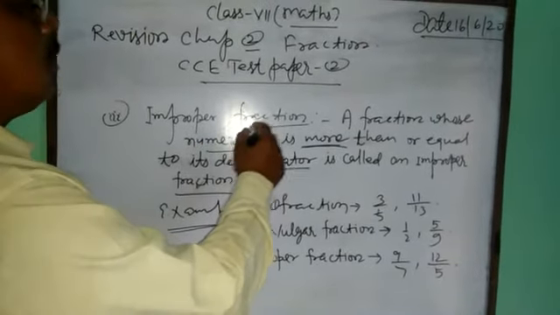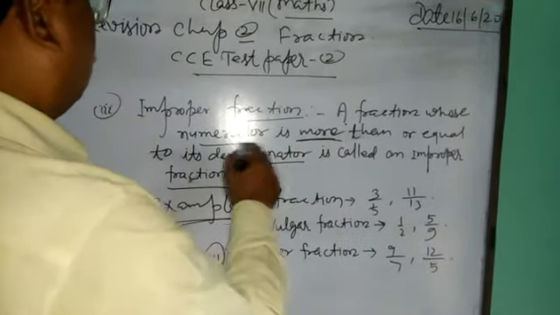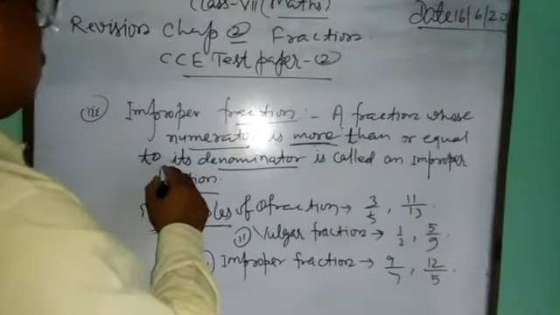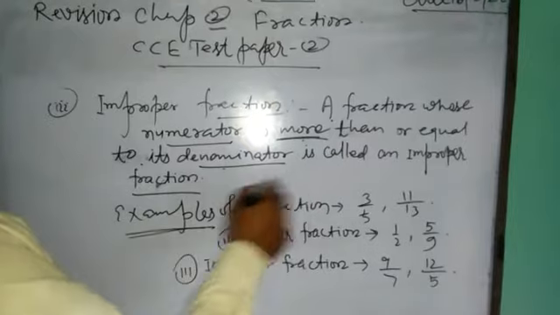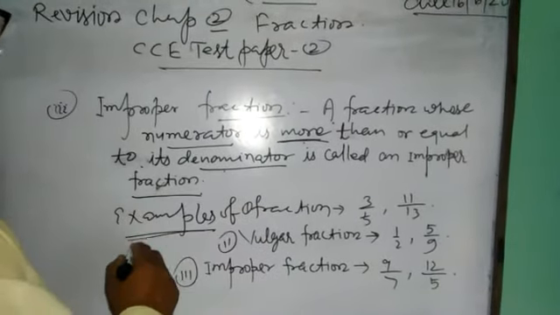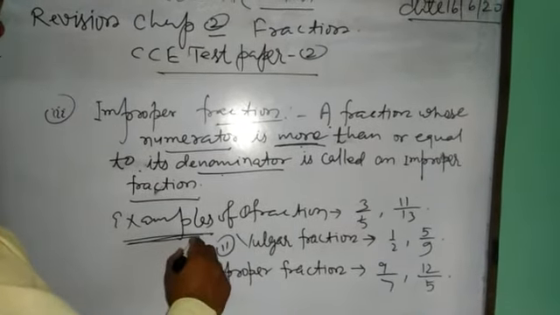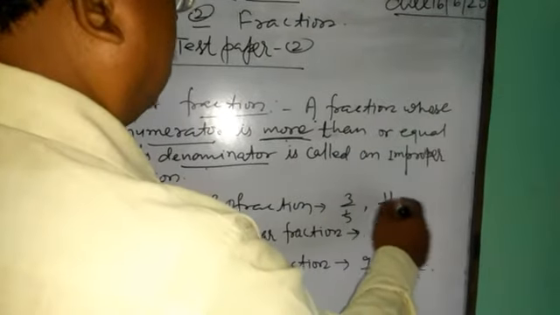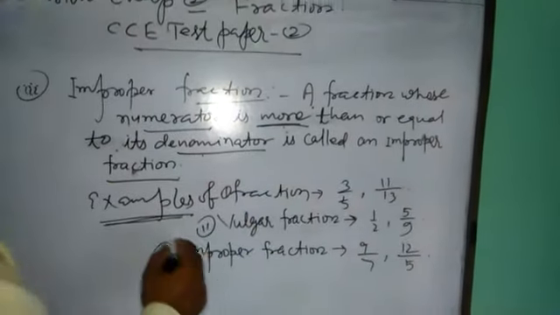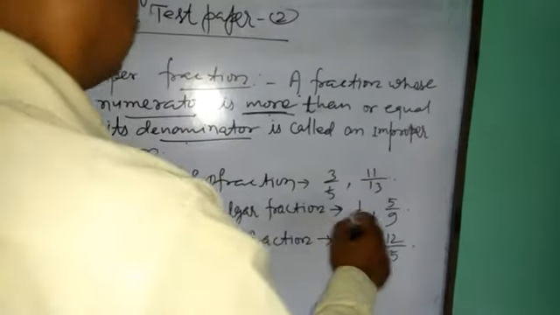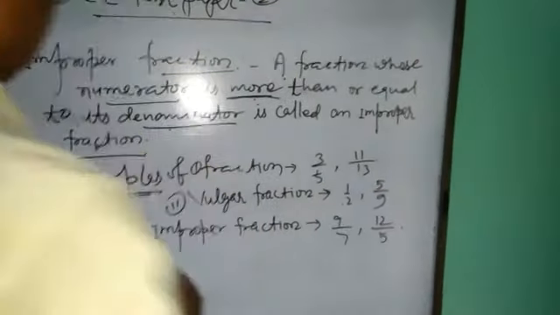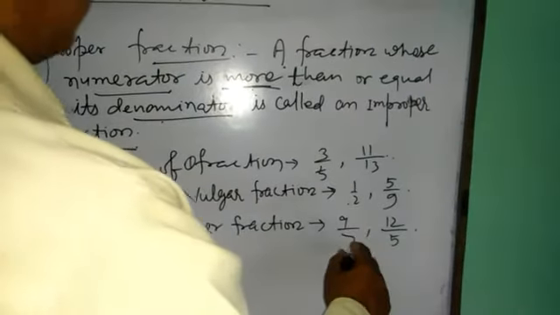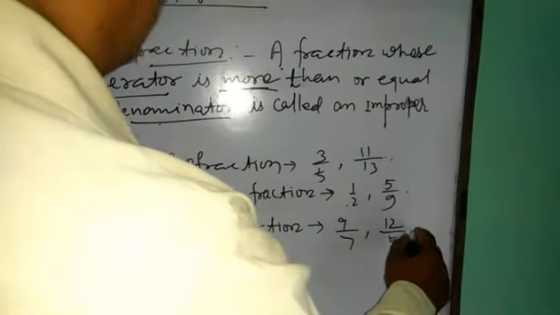Examples of fractions: 3/5, 11/13. Examples of vulgar fraction: 1/2, 5/9. Examples of improper fraction: 9/7, 12/5.